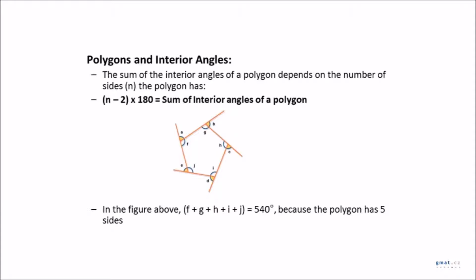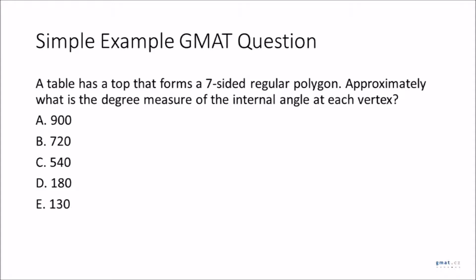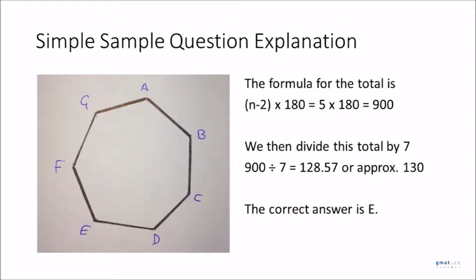We're going to do two questions on this video. The first question is a very simple one. There's a tabletop and it has 7 sides of a regular polygon. Approximately, what is the degree measure of all the internal angles? So 900 down to 130. Well, it's very simple. We always draw out in geometry the information given in the question. So here we draw it out.